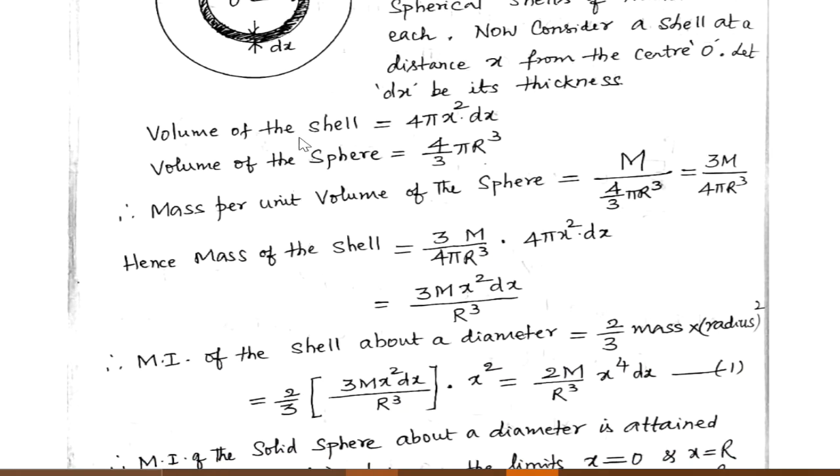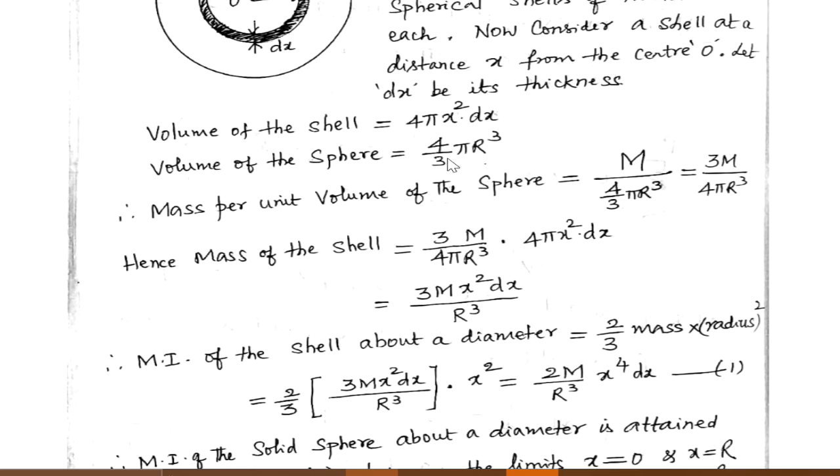Volume of the shell is 4 pi x square into dx. Volume of the sphere is 4 by 3 pi r cube. So here the first one is the volume of the shell. It is 4 pi x square, the surface area, into thickness dx. That's the volume of the spherical shell.